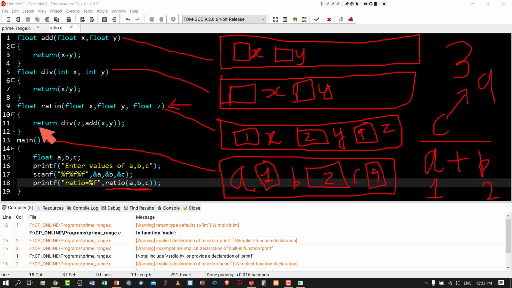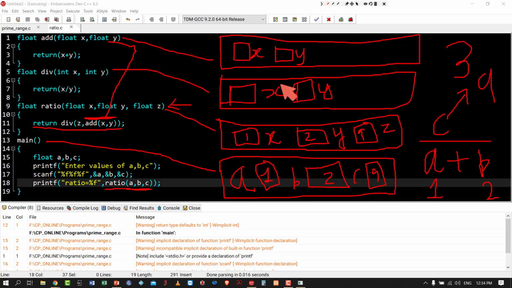Here, return division of z comma add x comma y. First, this call will be made. Add x comma y. Here we are looking at this x and this y. X is 1, y is 2. Add means the control will go here. So this x will be copied to this x.